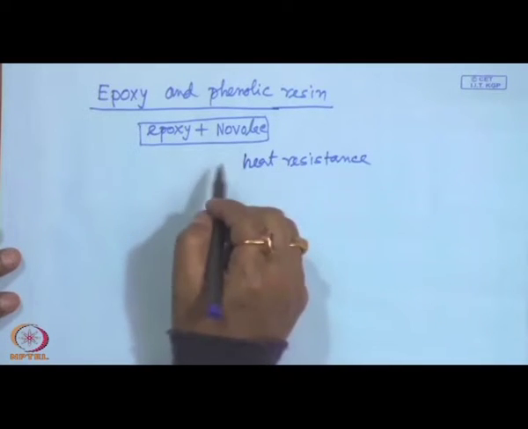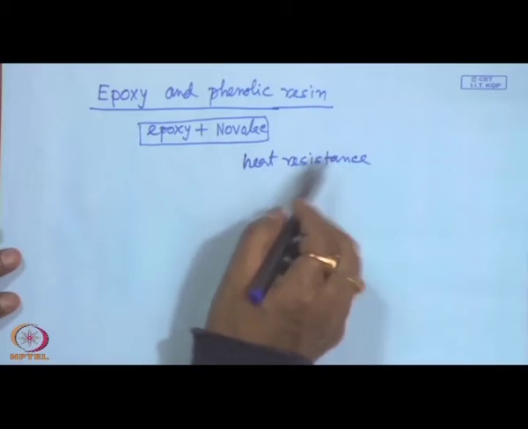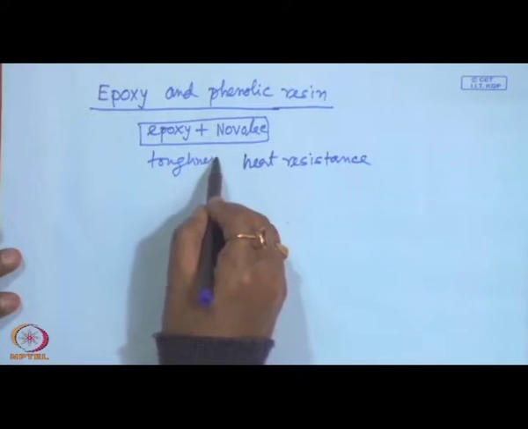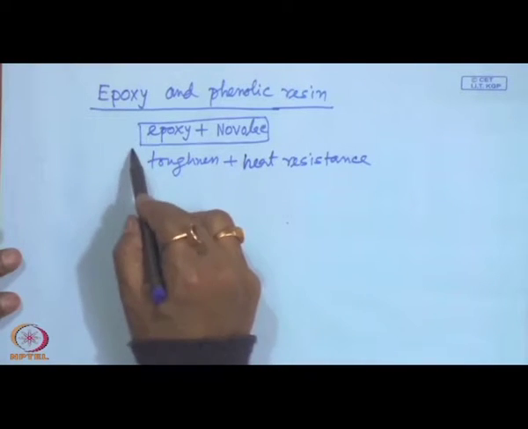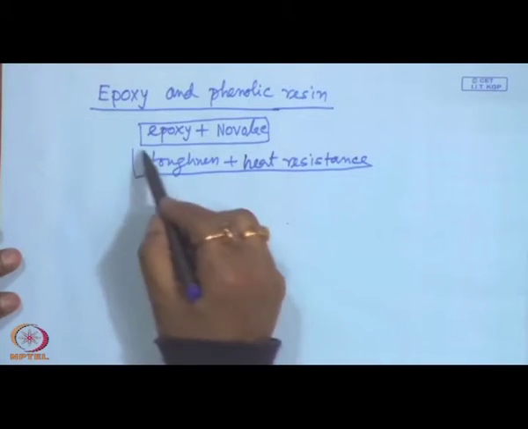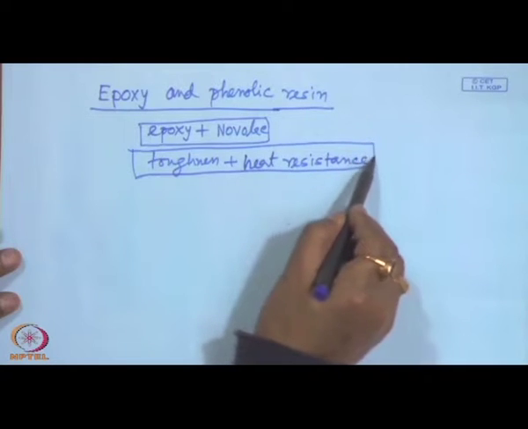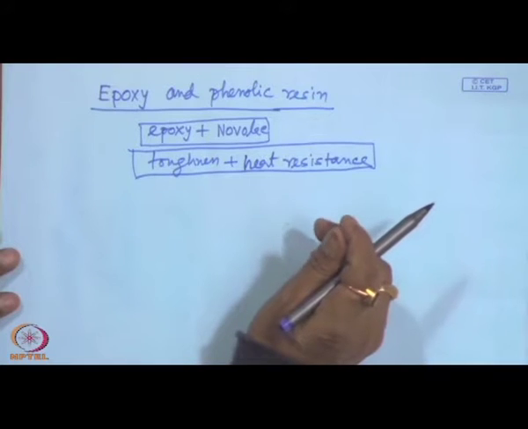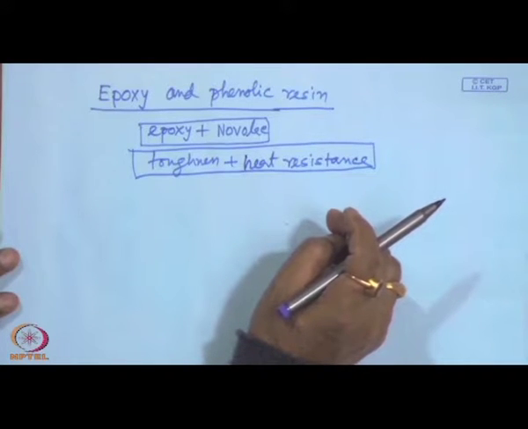So, toughness, strength, thermal stability, these properties are combined in a composite made from epoxy resin and phenol formaldehyde resin in the form of Novolac.